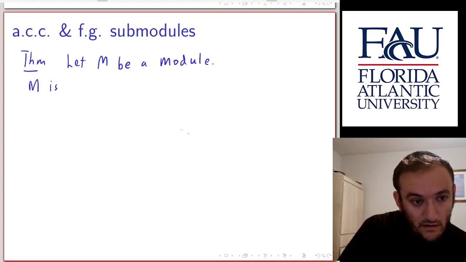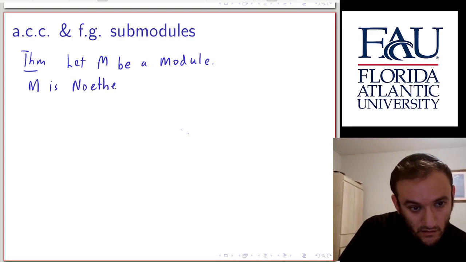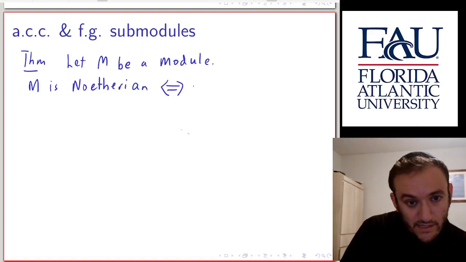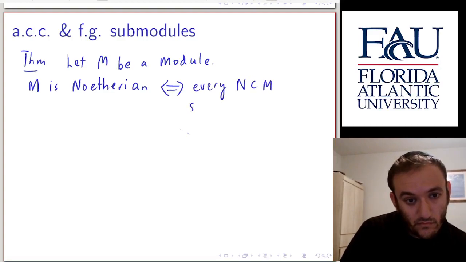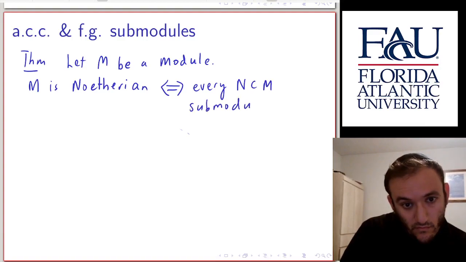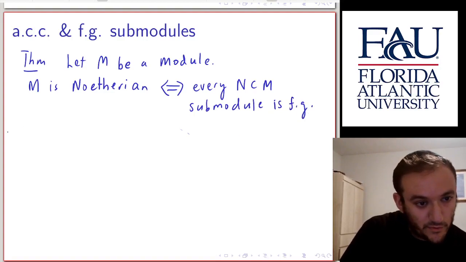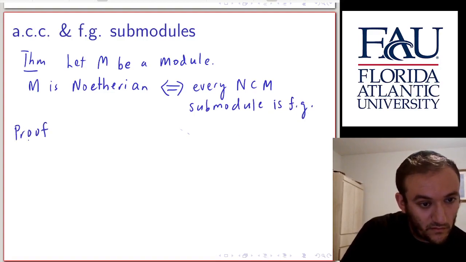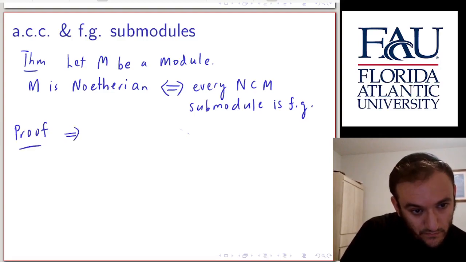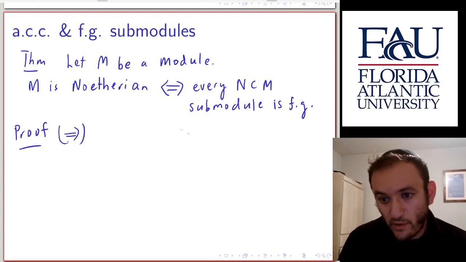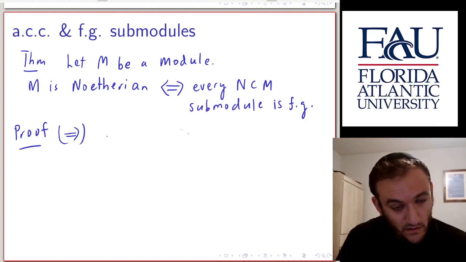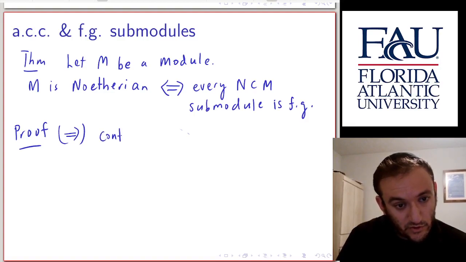Then M is Noetherian if and only if every submodule is finitely generated. Let's prove this theorem. Going one way, we can use the contrapositive. Suppose we have some submodule which is not finitely generated.